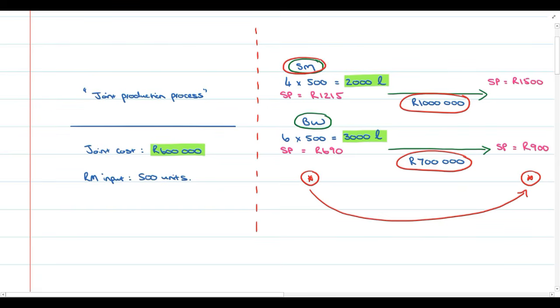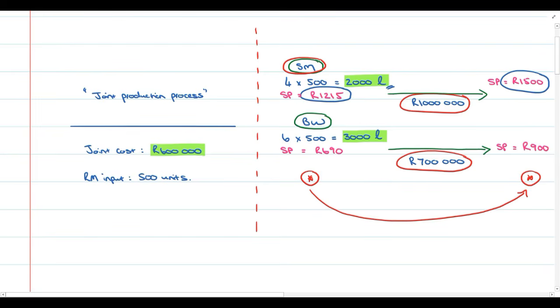If we look at SM, first calculate what is the additional revenue that they will earn by processing further. So the selling price after further processing is 1,500 Rand per litre, and if they don't process further, it's 1,215 Rand per litre. So calculate the difference in the selling price and multiply by the number of litres so that you can get the additional revenue that will be earned if the product is processed further.